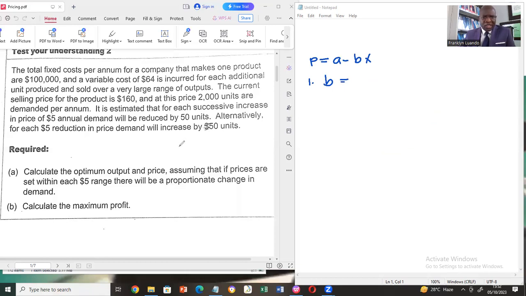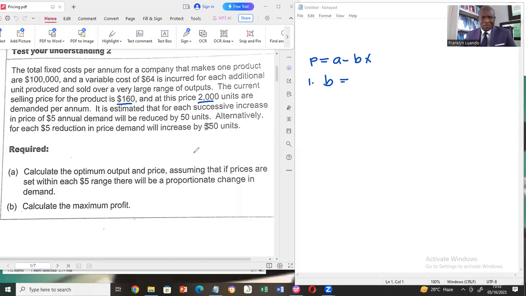The total fixed cost per annum for a company that makes one product is $100,000, and a variable cost of $64 is incurred for each additional unit produced. So the variable cost is also referred to as marginal cost, and sold over a very large range of outputs. The current selling price for the product is $160. At this price, a quantity of 2,000 is demanded per annum.